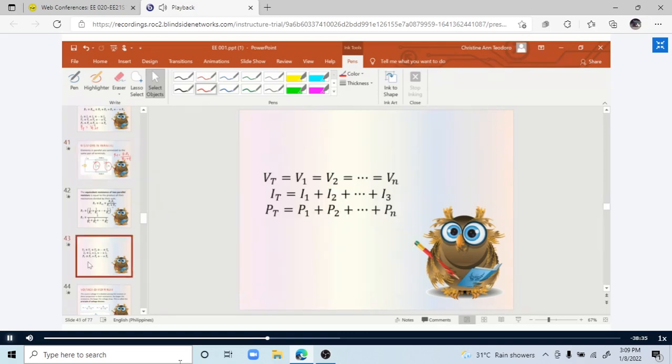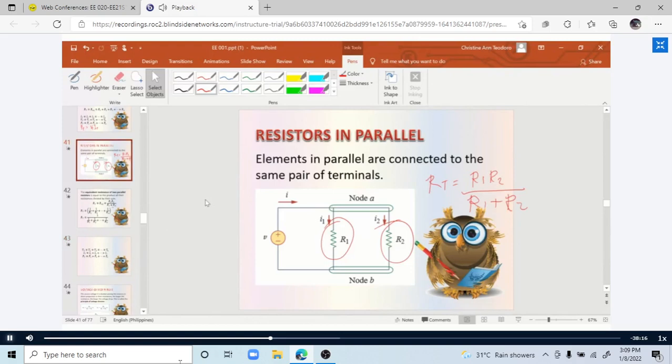Next, when it comes to your total current in a parallel connected circuit, it is always additive. Why is it additive? Again, imagine that our current is 1 liter of water. Upon flowing from the source, our 1 liter of water will come to this node, correct?